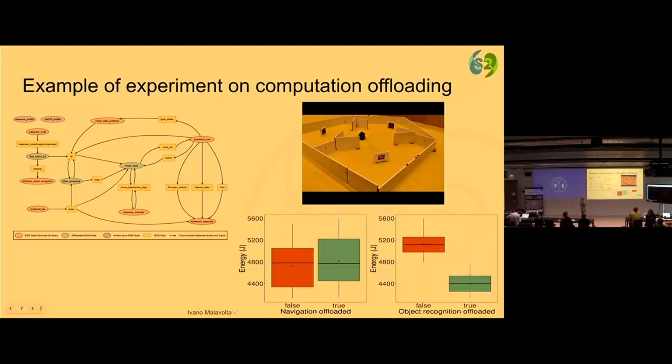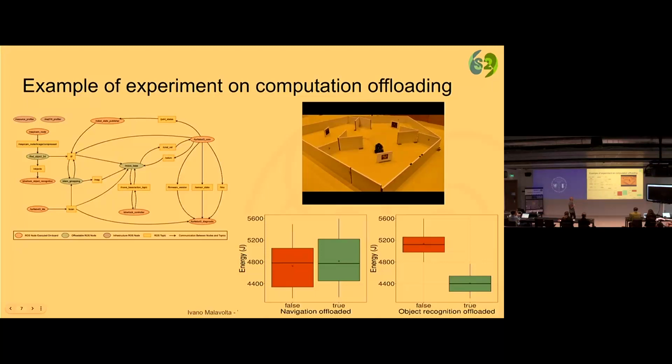The interesting thing that we noticed is that offloading the navigation task, so basically moving the move base node to the cloud, was not impacting the energy consumption of the robot too much. But when we did the same thing with the object recognition node, we noticed that the robot was consuming less energy when the algorithm was running locally on the robot.